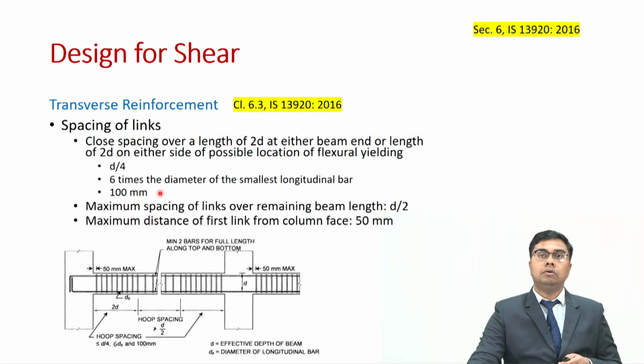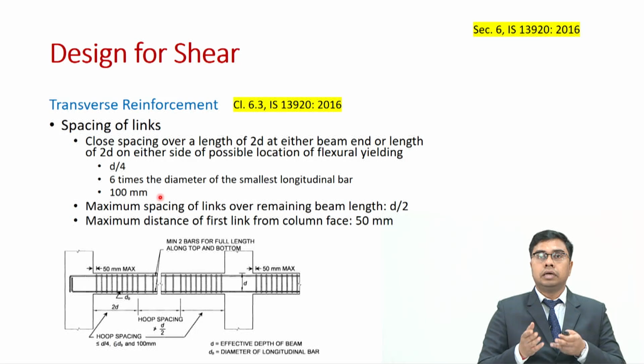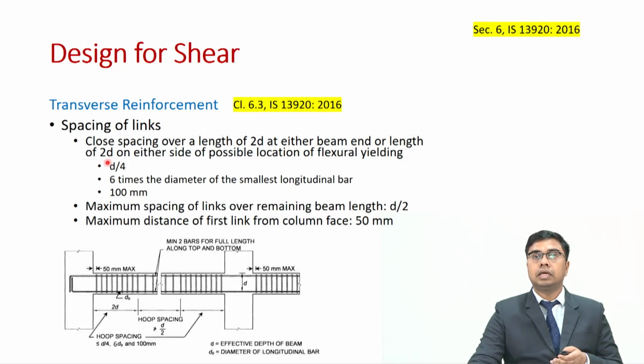Here we are talking about whichever is the smallest, because we want the closed spacing. The spacing is always expressed in terms of maximum possible spacing. The spacing of these stirrups cannot exceed any of these values.